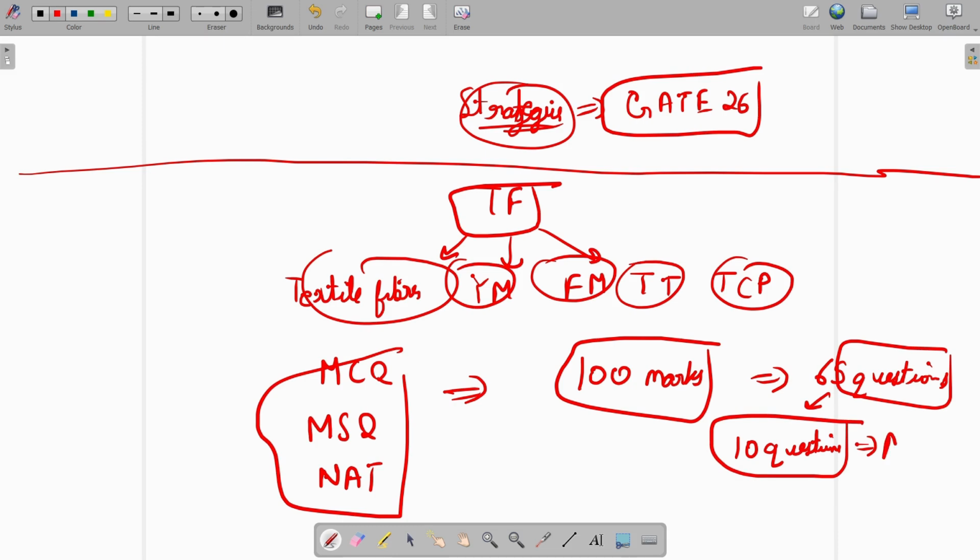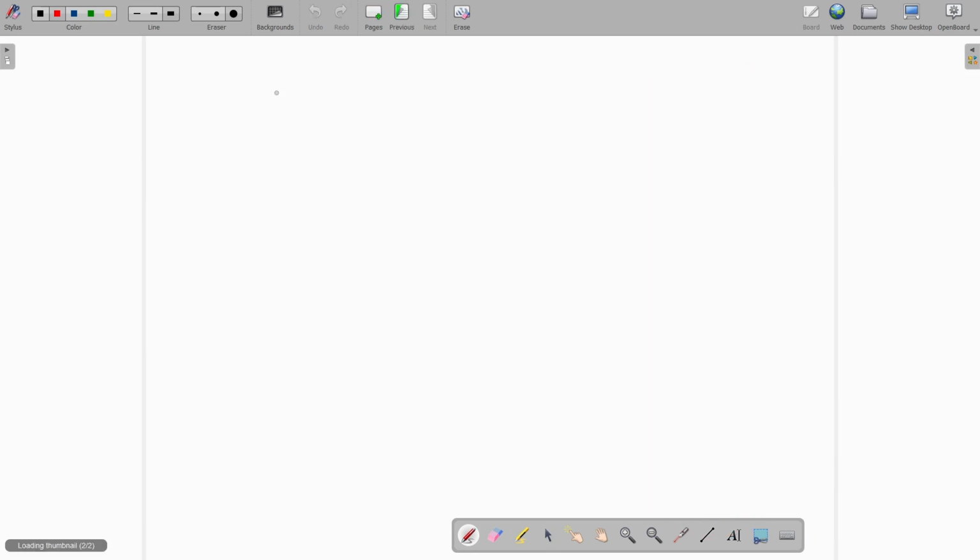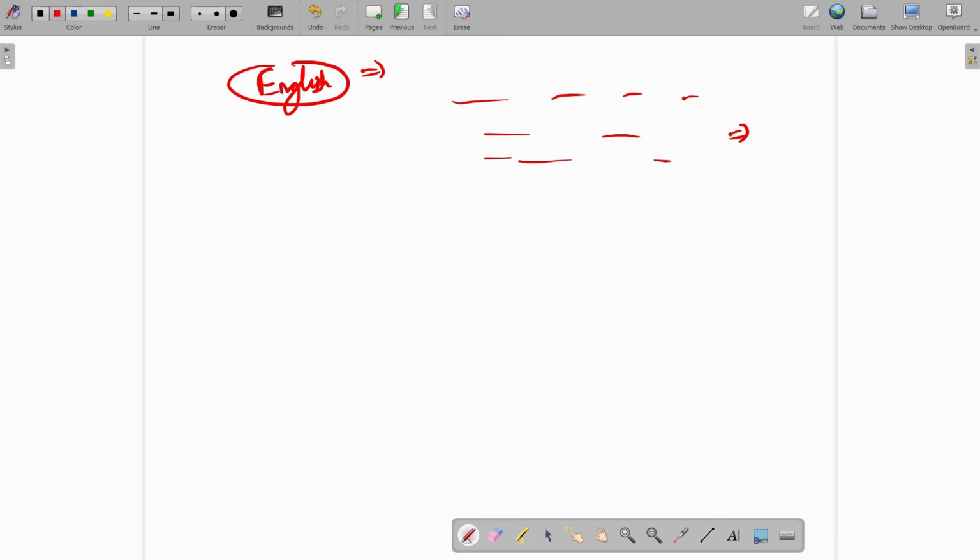10 questions of aptitude. Aptitude is general aptitude, what you see in the SSC CGL examination or basic examinations. These 10 questions are out of 15 marks. In the aptitude part, basically English comes: a 4 to 5 line paragraph comes, and it is asked, what do you infer from the passage?